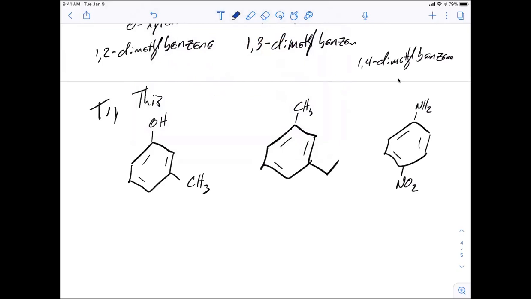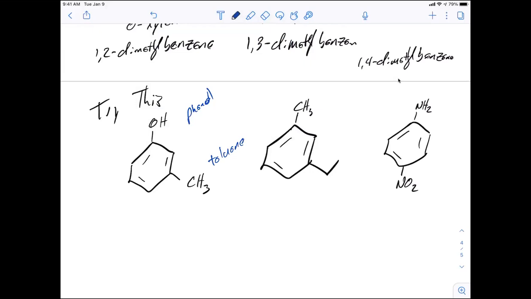Okay, let's do the first one and then I'll give you a little bit of time for the second. So the first one, if we look at this, I've got an OH and I've got a methyl. Now I have 2 potential parent names. I have phenol, and I have what? Toluene. Now, what do you think the preference would be?